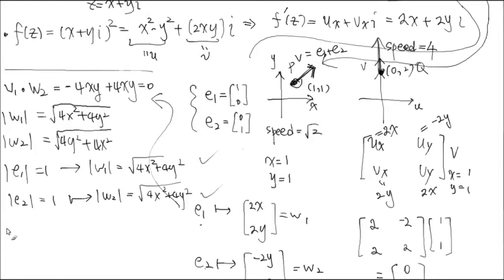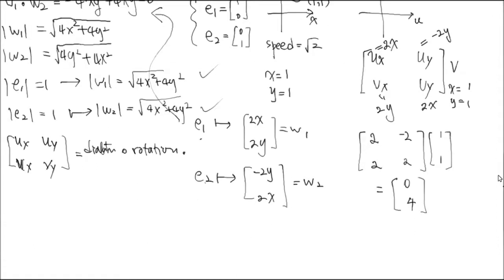So this Jacobian map is rotation followed by dilation. Rotation is a linear operator. If you take all sorts of velocity vectors and rotate everything, then it's linear.